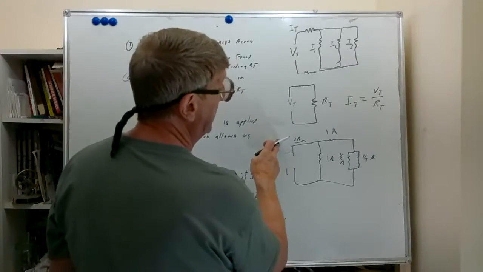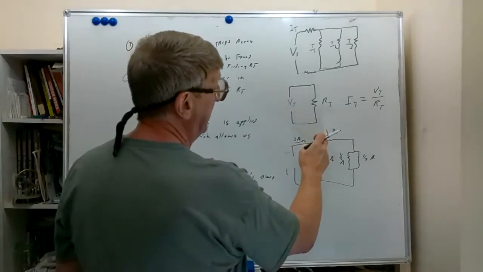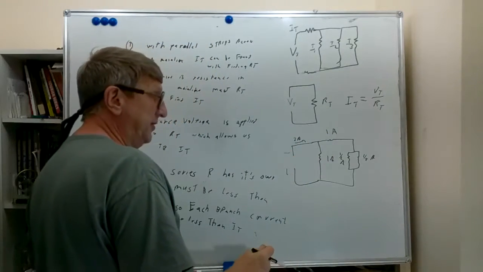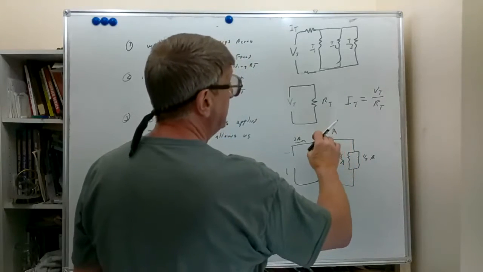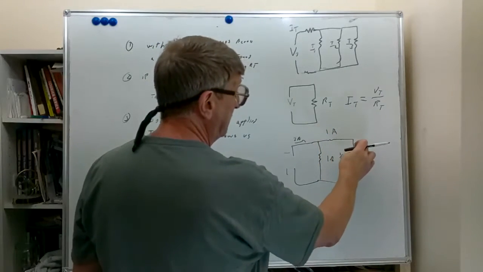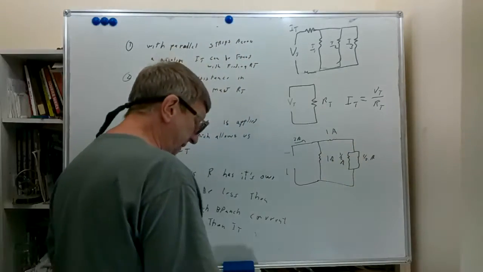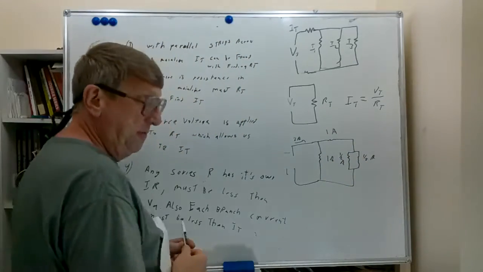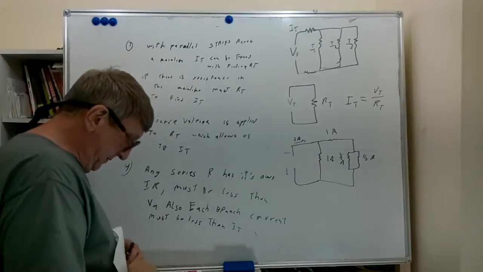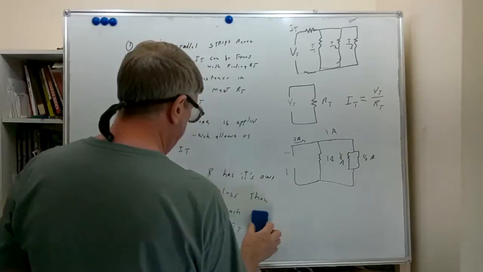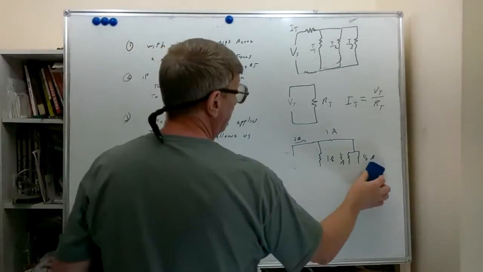IT we found to be 2 amps. That branch was 1 amp. That was less than 2 amps. That branch was 1 amp. That was less than 2 amps. And for this section, it's not IT, but it is the supply to that section. We had 1 amp there, half amp here, half amp there. They were both less than 1 amp. So those are kind of your basic ideas, and we've been going over them for analyzing series and parallel combination circuits.